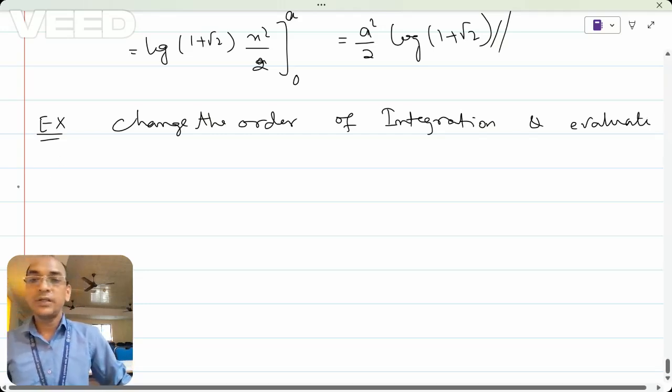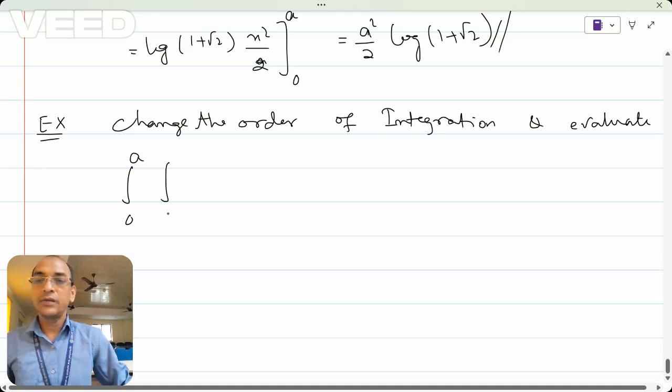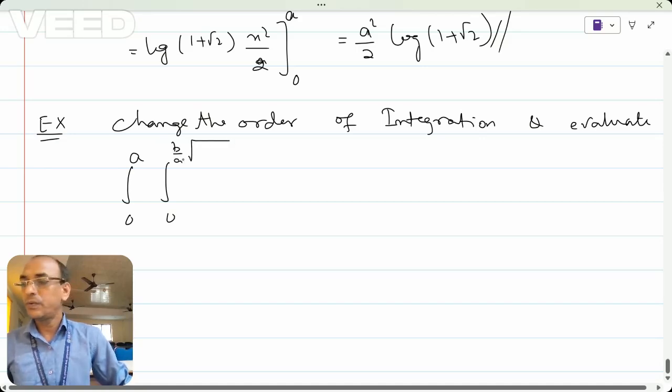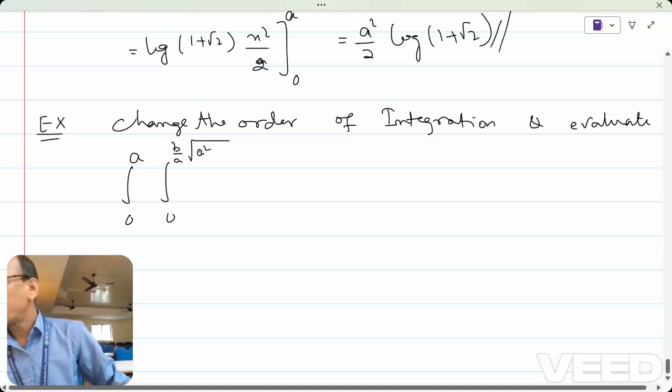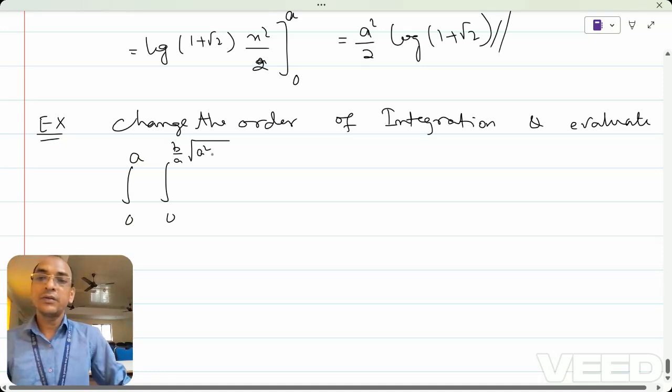The original integration is integration 0 to a, integration 0 to b by a, root over of a square minus x square, in x square dx dy.